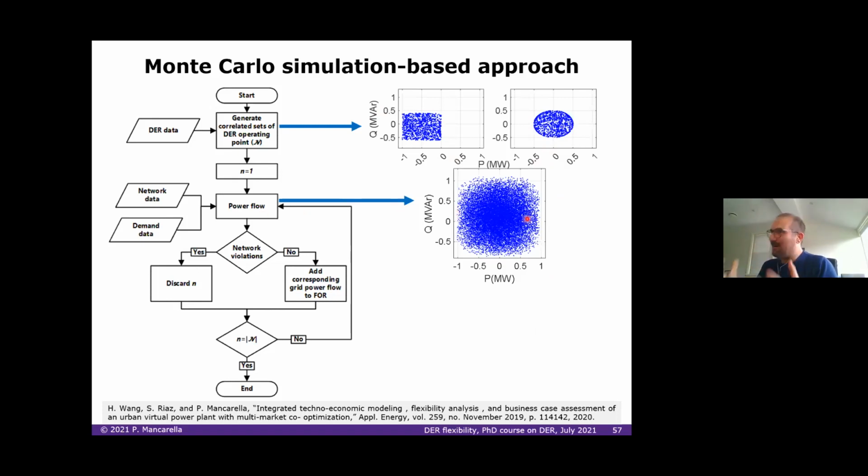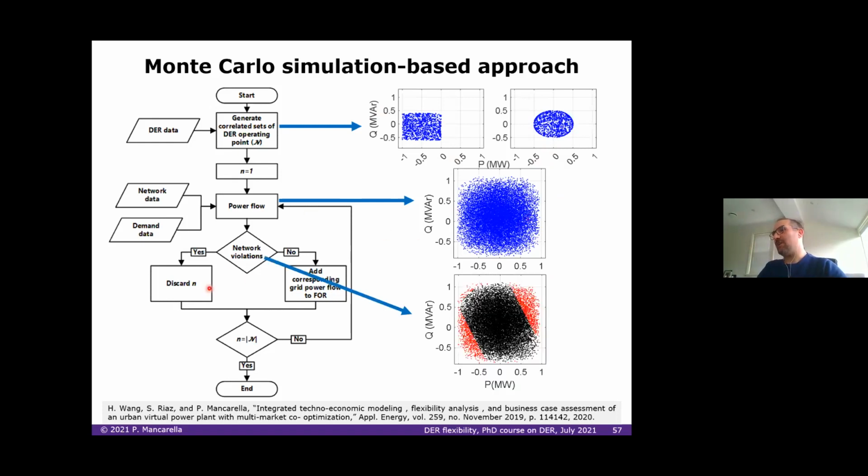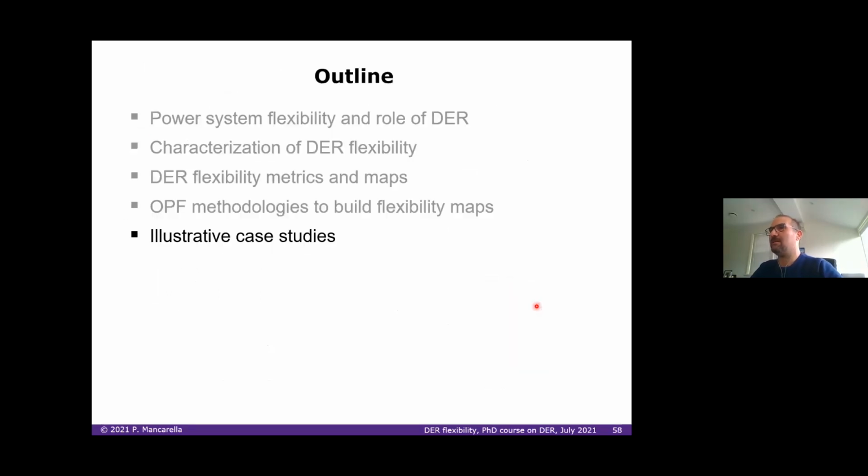It's now by power flows that you aggregate the resources. And then you check for network violations, and then you create basically the feasibility map out of the capability map that you would have built. And again, you can find the details in this paper, and there are a couple of other papers that talk about this. Now, let me just go on with a couple of illustrative case studies.